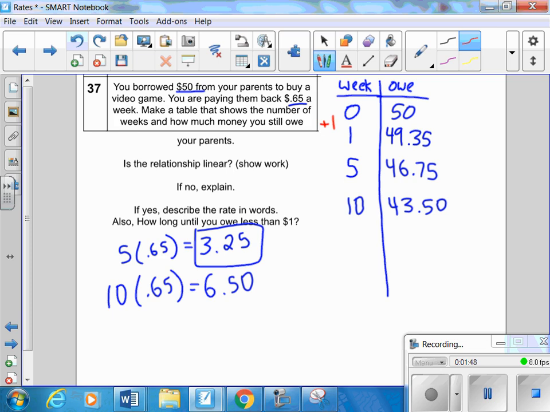0 to 1 is plus 1, 1 to 5 is plus 4, 5 to 10 is plus 5. If we go from 50 to 49.35, we are subtracting 65 cents.